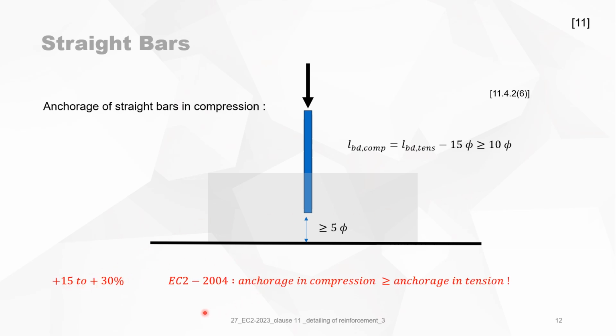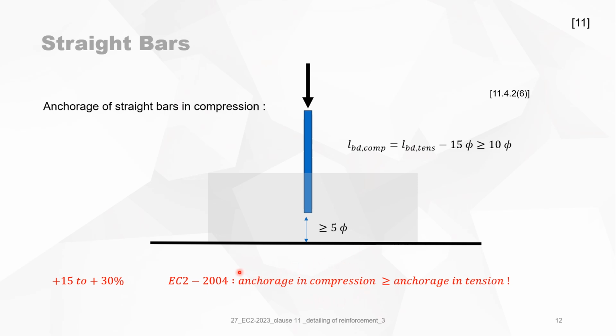When we compare this with the version of 2004, then we see in this version that anchorage in compression was bigger than the anchorage length in tension. So now this is a huge difference. In the version 2023, it's less. Version 2004, it's more.